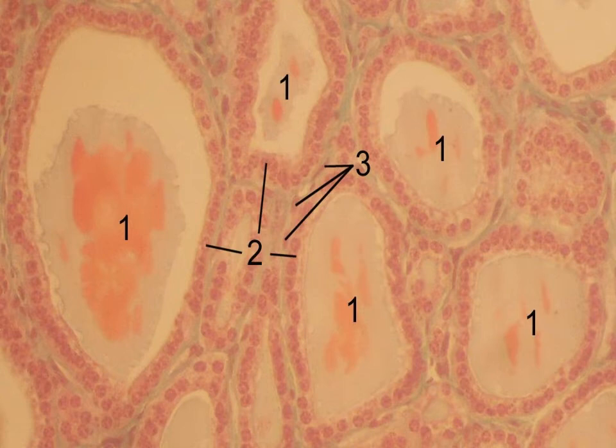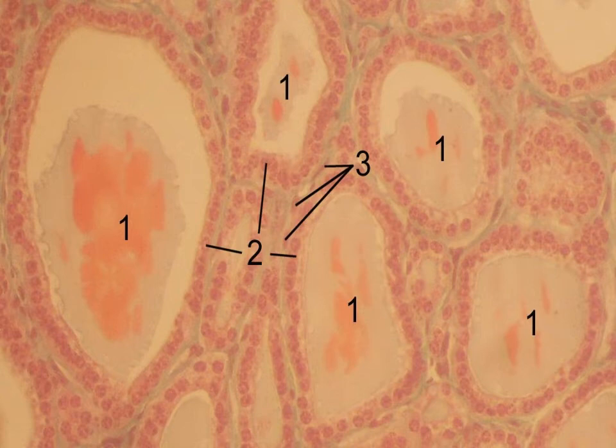So the follicular cells are producing thyroglobulin. And thyroglobulin is a colloid. The thyroglobulin contains the thyroid hormones themselves and proteins in which they are stored prior to their release. And in life, the thyroglobulin would fill the thyroid follicle. It's just retracted back a bit during the preparation of this slide.